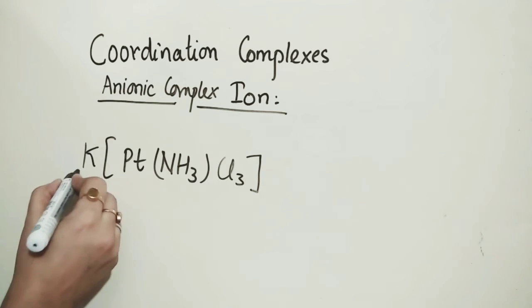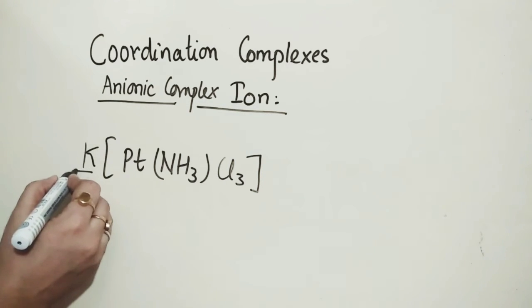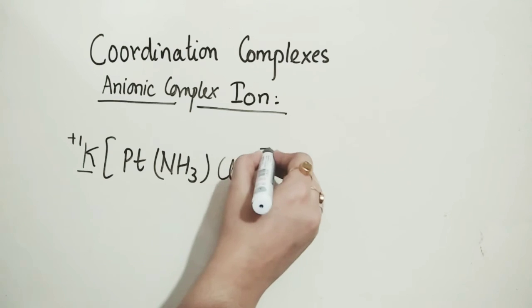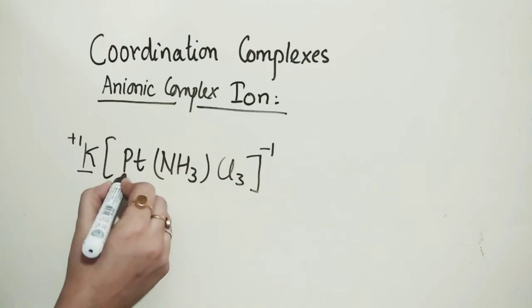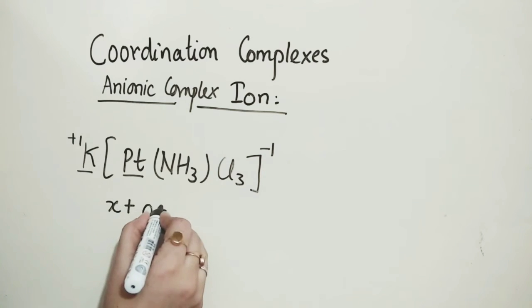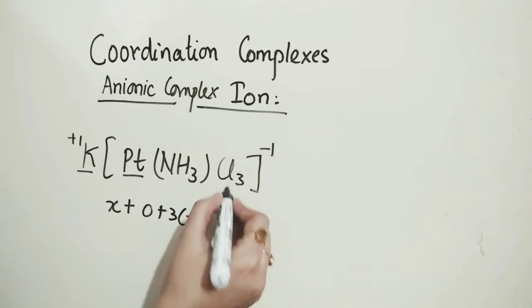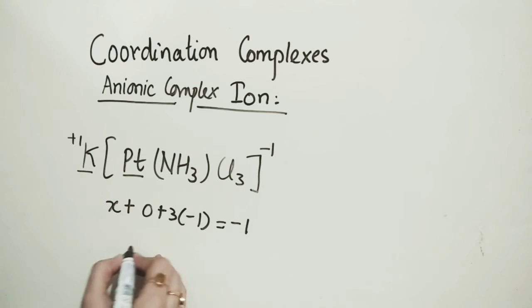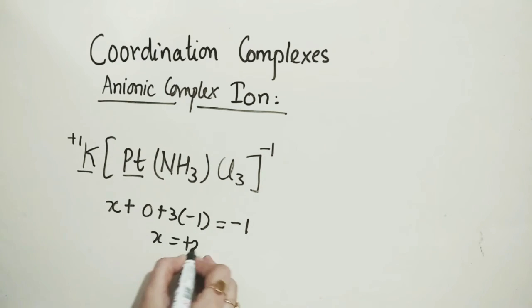So next example, again we will find out the oxidation state. K carries the plus 1, so the charge on the complex is minus 1. x for this, plus 0 for ammonia, plus 3 into minus 1 for the chlorine, and it is minus 1. So x comes out to be plus 2.